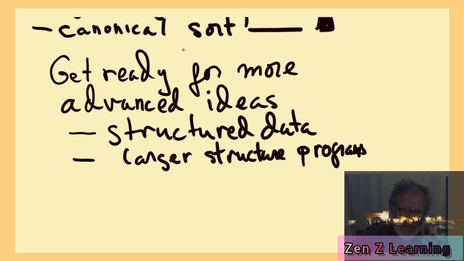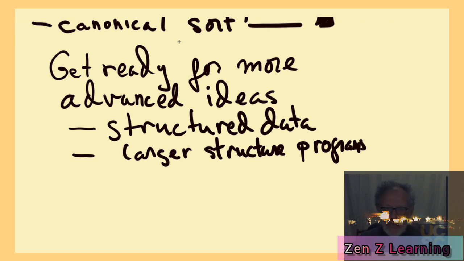So let's get ready for this new course. Review what you need to, and now we're going to go on to more advanced ideas, especially the idea of how to structure data more elaborately. In fact, we'll be able to create our own new data types, and how to write even larger programs by properly structuring the programs.